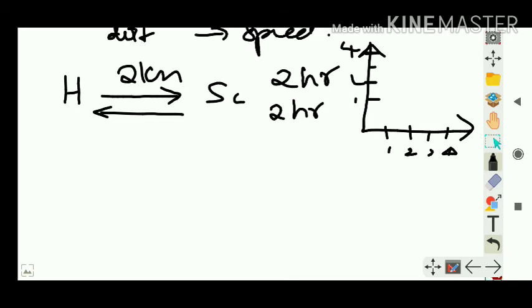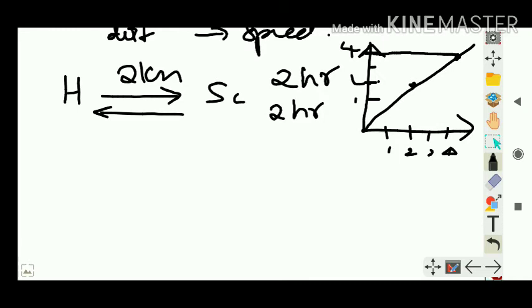During the first 2 hours you have travelled 2 kilometers, so this is a point. For the next 2 kilometers, the distance is now 4 kilometers, and that is at 4 hours. So when you join the points, the graph will be like this.